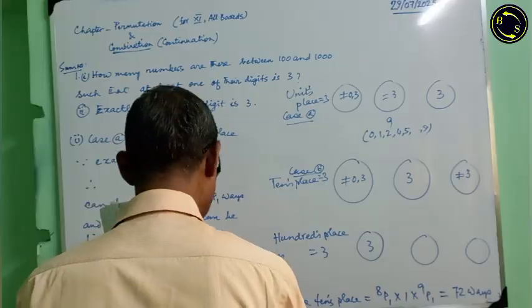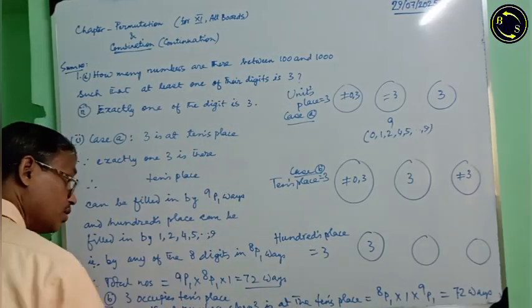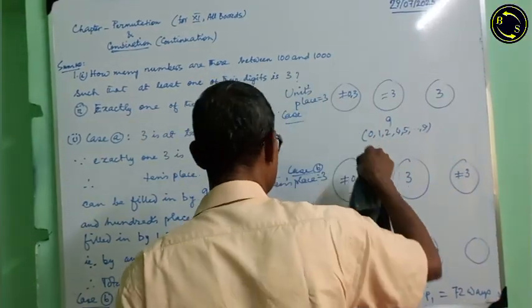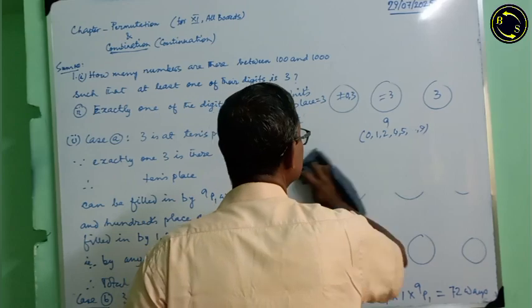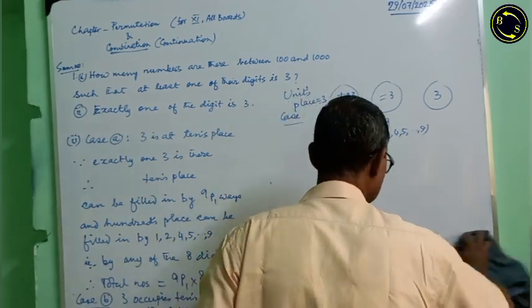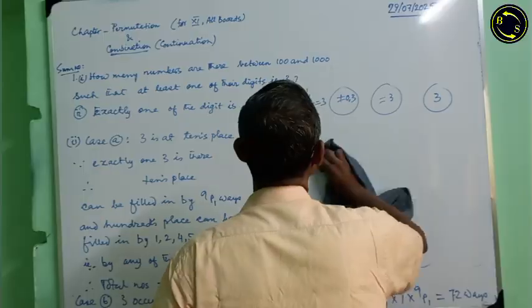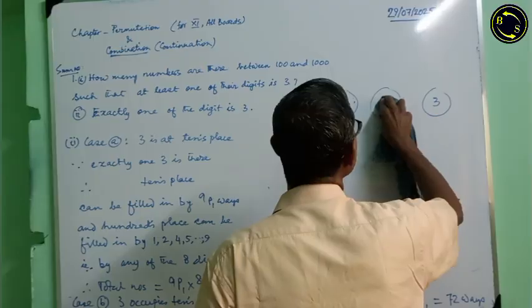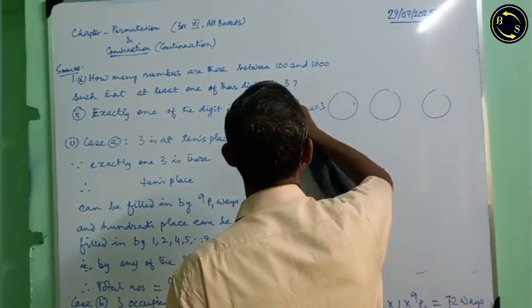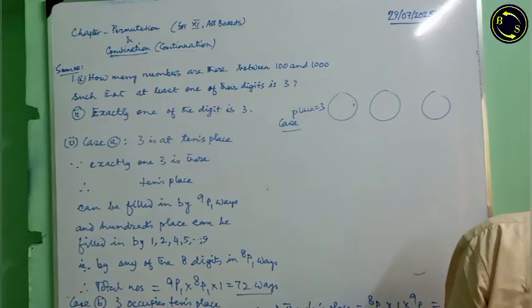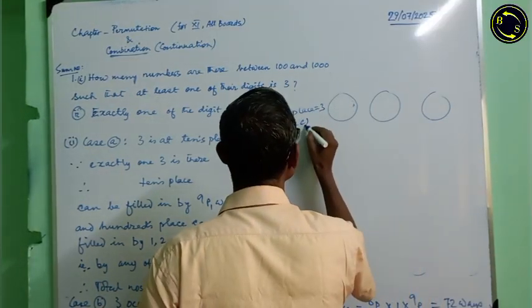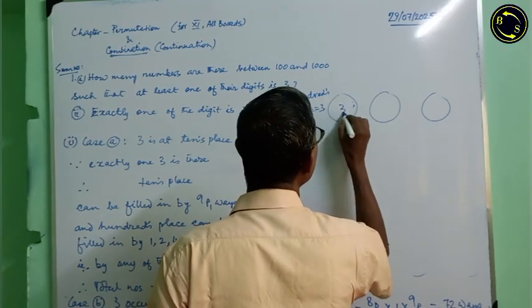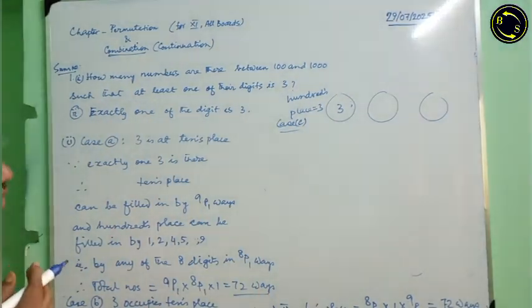Now, when 3 is at the hundreds place, I write it as case C. Three is placed at the hundreds place.